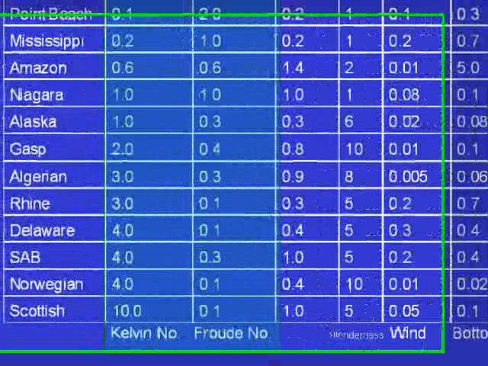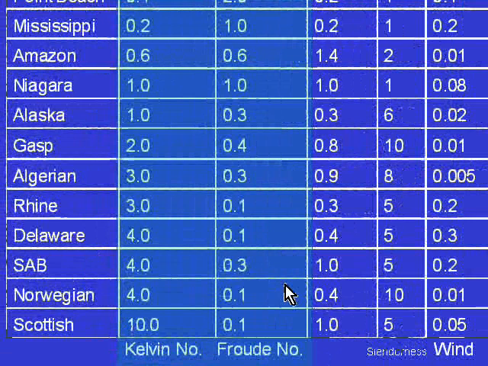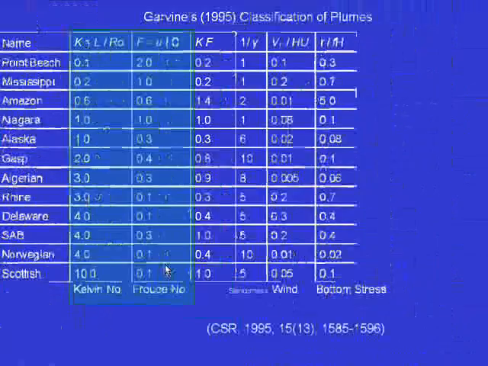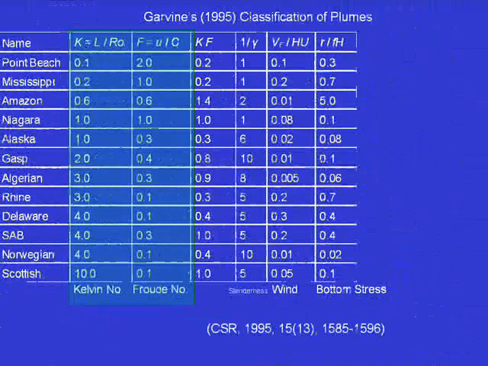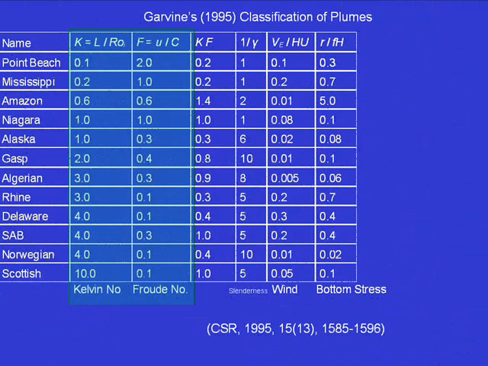And for the ones with high Kelvin number and low Froude number, those are the long discharges, like the Chesapeake Bay, and those are said to be in semi-geostrophic dynamics, because the dynamics across the direction of propagation of the plume or of the coastal current is geostrophic.